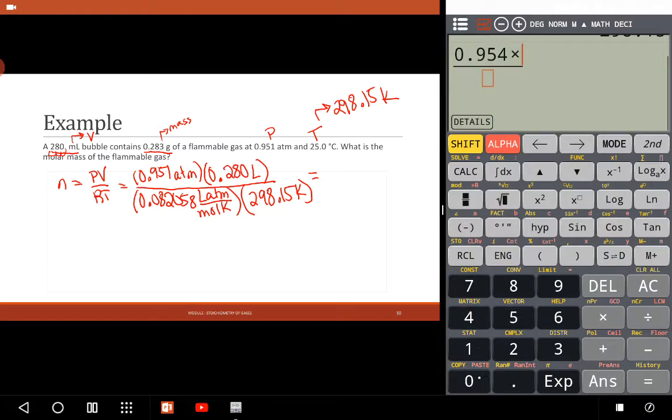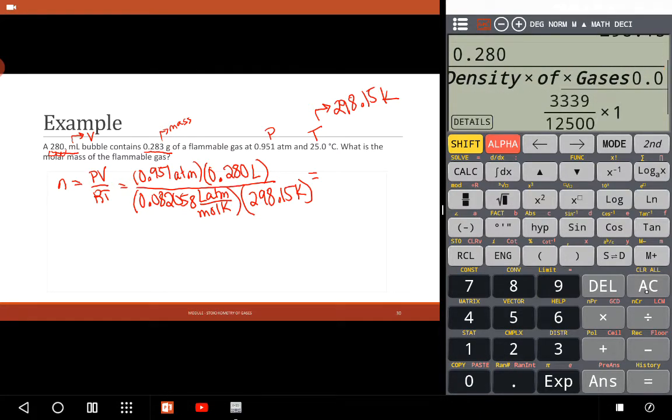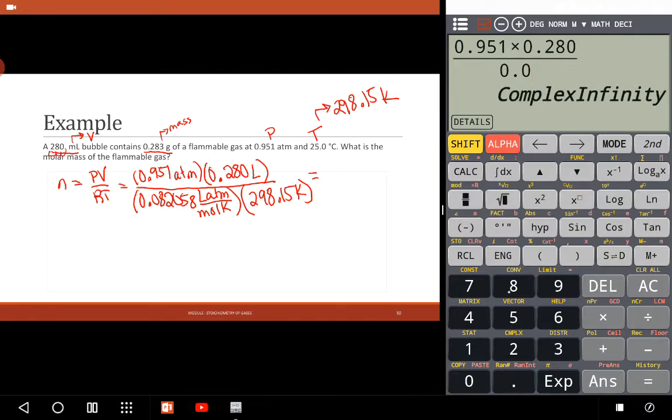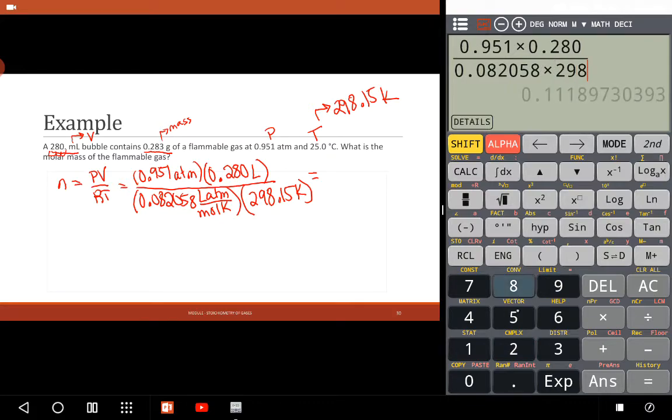0.951 times 0.280 divided by 0.082058 times 298.15.